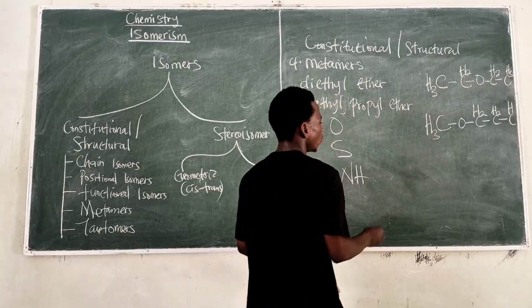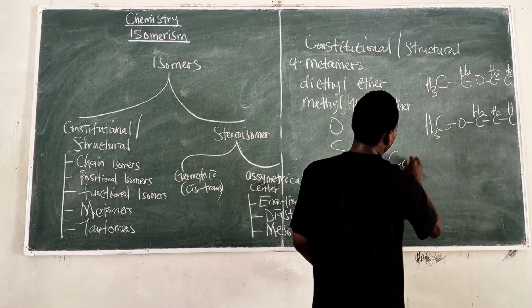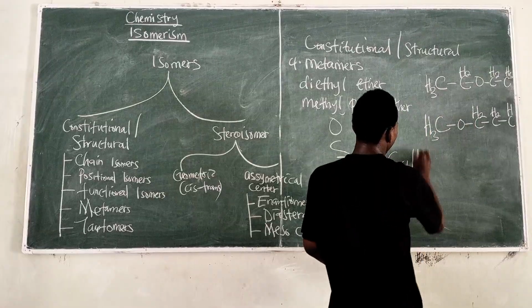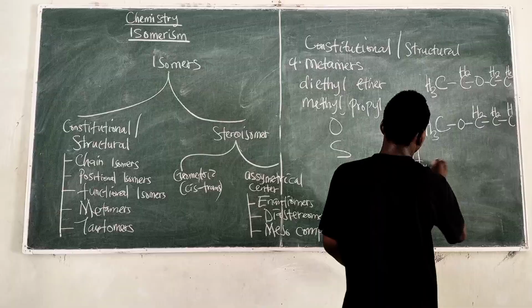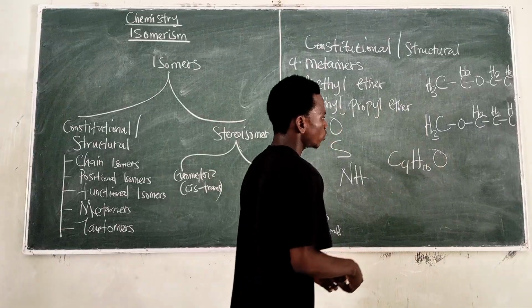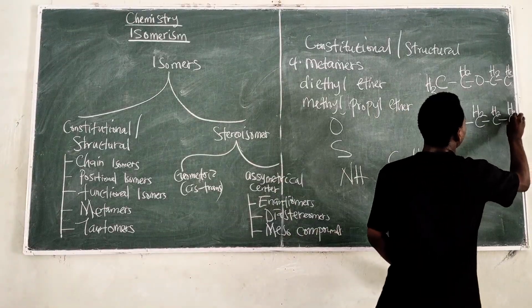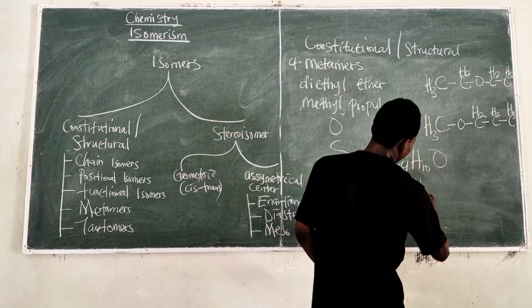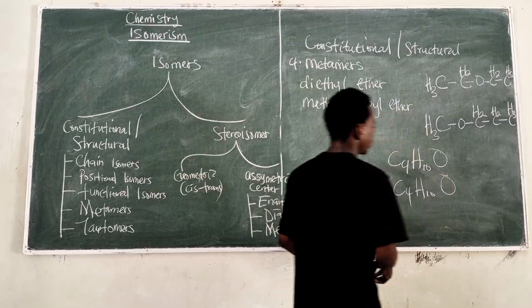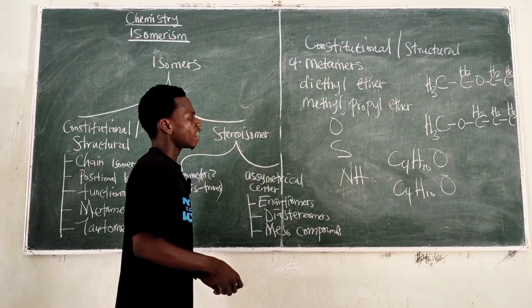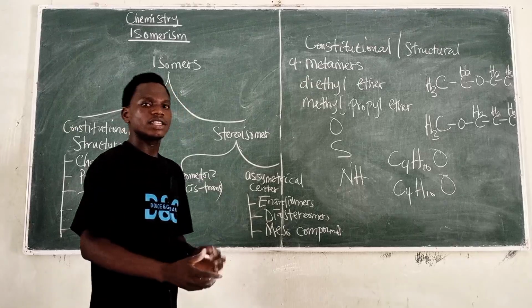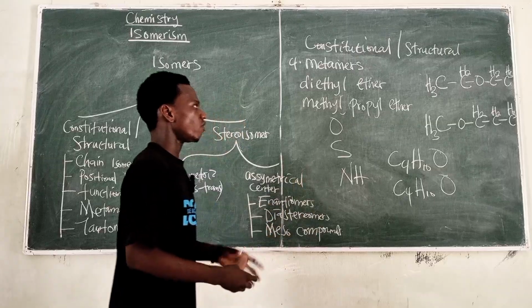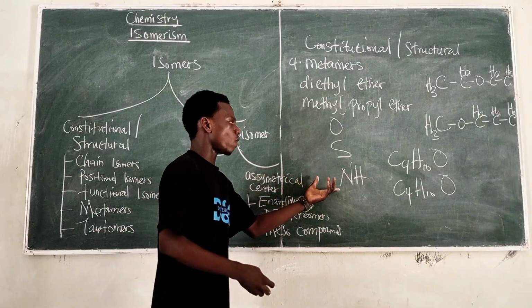In the first structure, we have 4 carbon atoms and 10 hydrogen atoms with 1 oxygen. In the second structure, we have 4 carbon atoms, 10 hydrogen atoms with 1 oxygen. So metamers are compounds with the same molecular formula, the same functional groups, but different arrangements of alkyl groups on both sides of either oxygen, sulfur, or nitrogen.